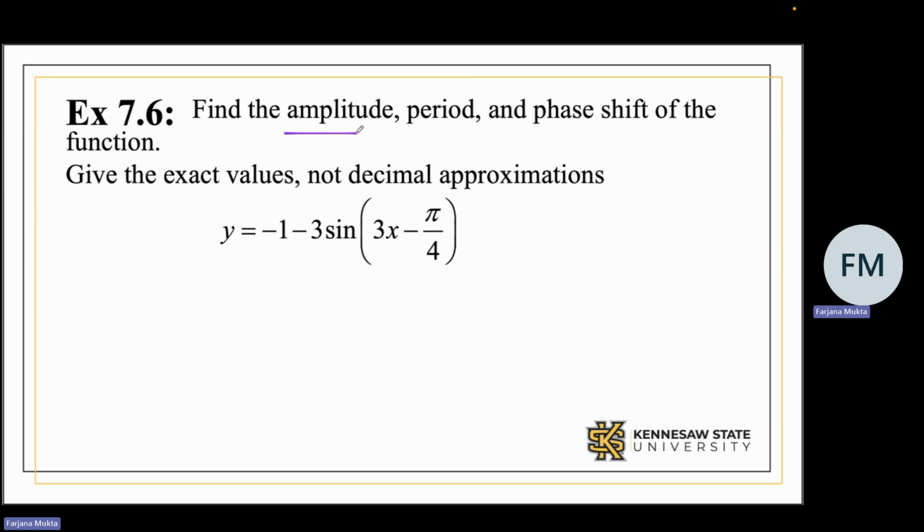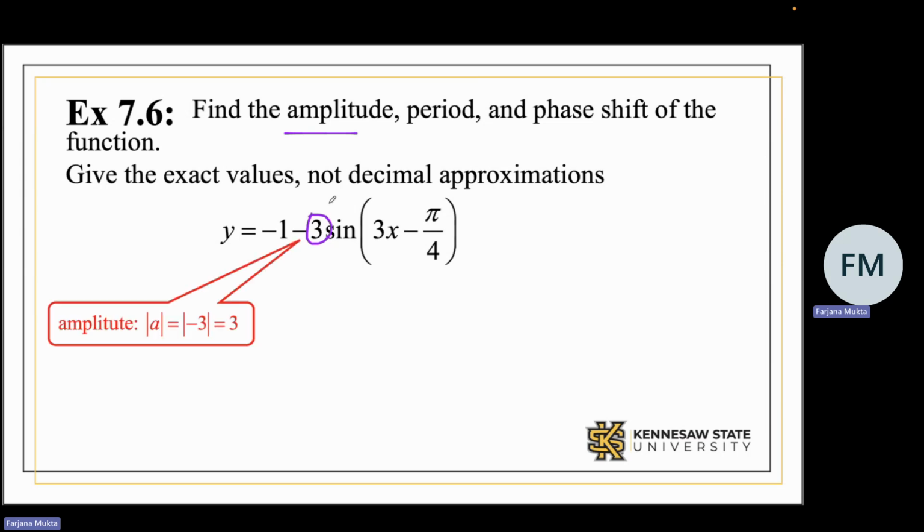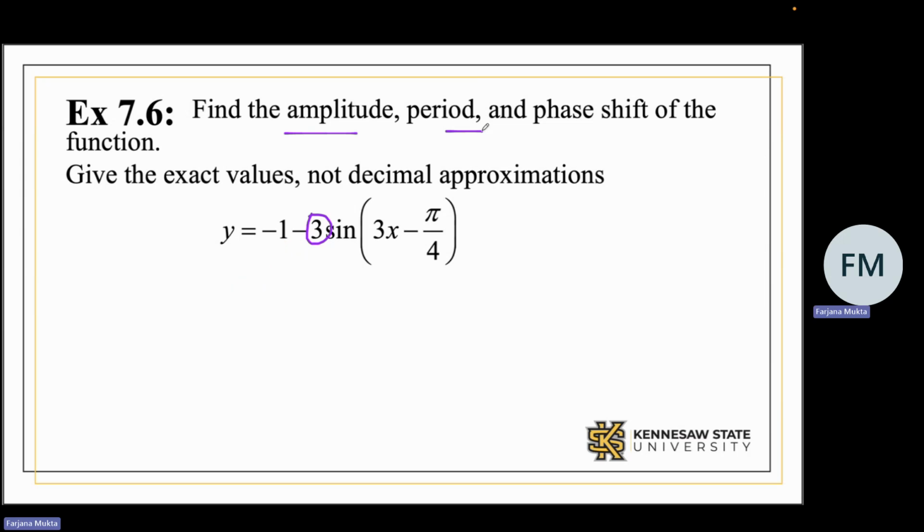What have we just learned for amplitude? Amplitude is the absolute value of a. What is a? A is the number we are multiplying our trig function by from the outside. So amplitude is the absolute value of a, which is the absolute value of -3, so 3. Now let's calculate the period. For the period, what do we check? Okay, I'll go back.